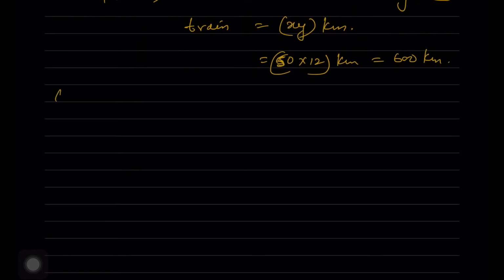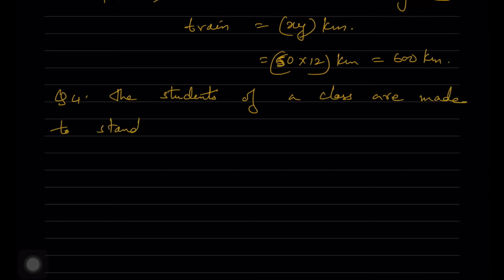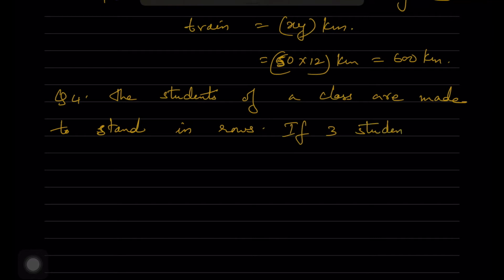Next, going to the fourth problem. The students of a class are made to stand in rows. If 3 students are extra in a row, there would be 1 row less.